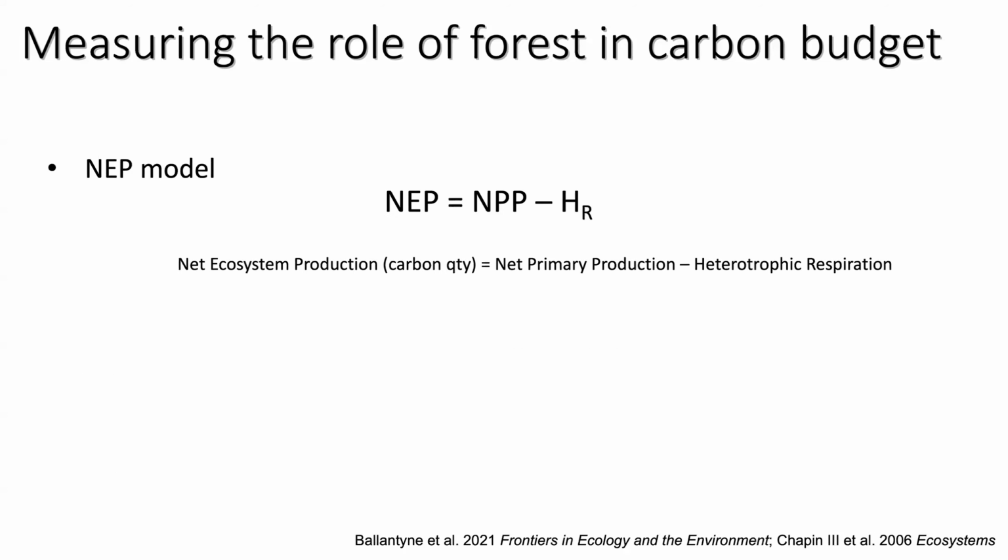The general equation underlying a lot of our carbon budgeting, a lot of the global circulation models, is this simple carbon budget model. On the left-hand side, we have net ecosystem production, which is essentially the quantity of carbon in the system. And then that's a function of net primary production minus heterotrophic respiration. So let's just walk through these two things.